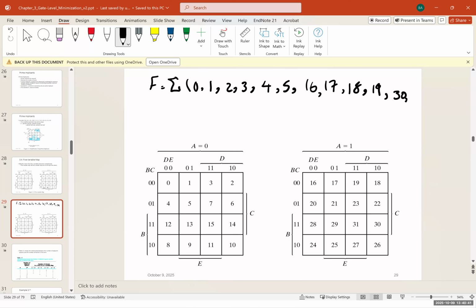Yeah, this is enough for the first example.